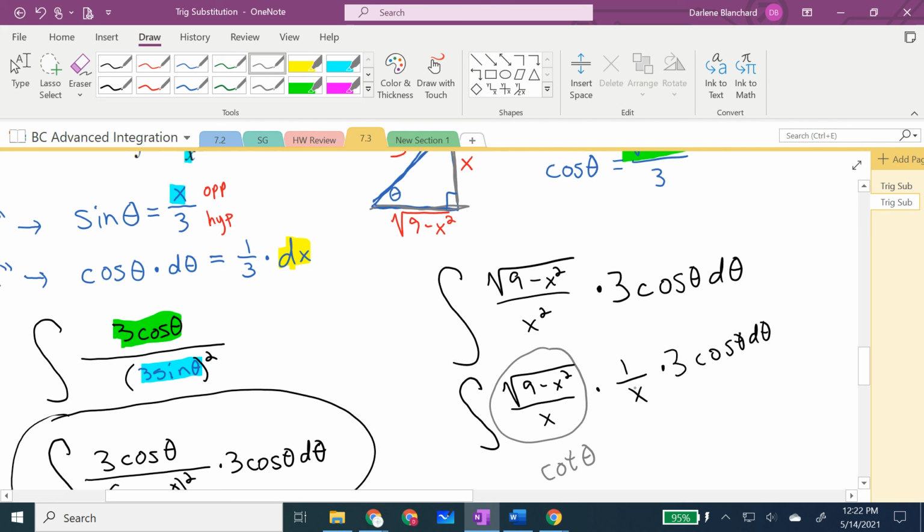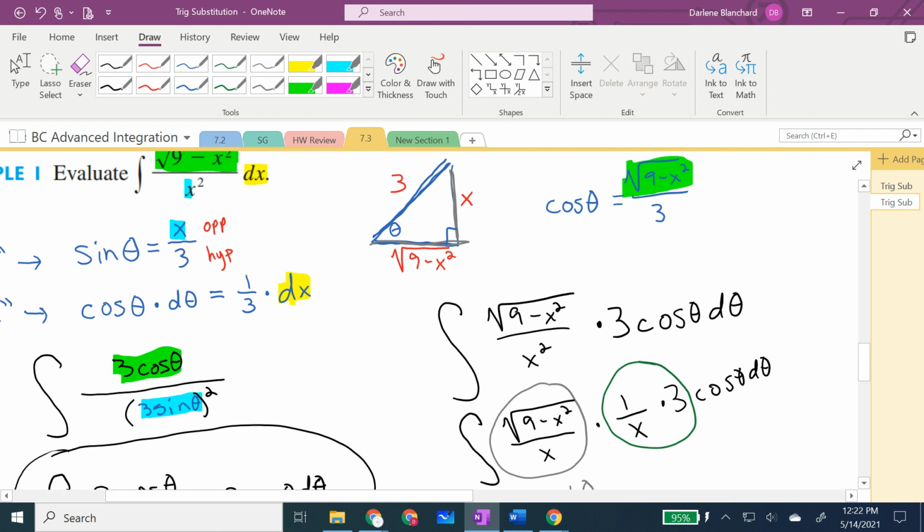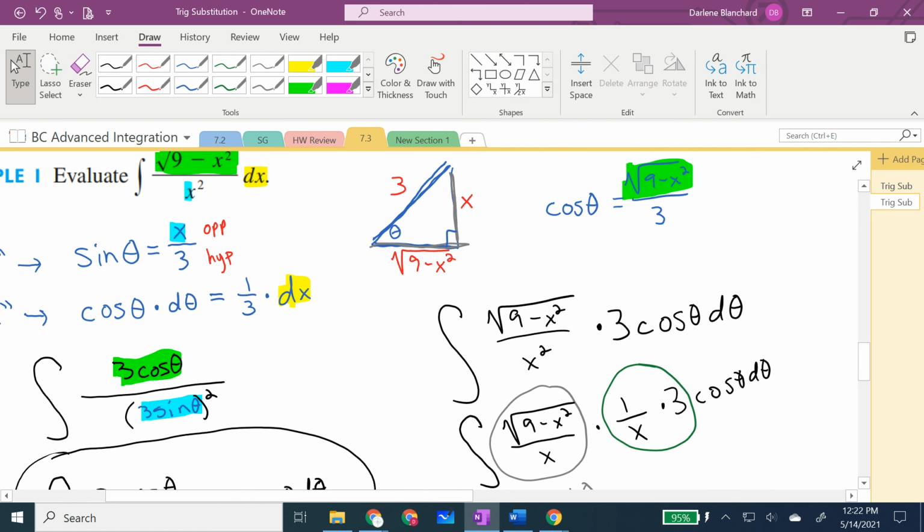And then when I look at the 1 over x and then go, hey, you know, there's a 3 right there too. That seems a little too convenient. Three divided by x is which trig function?